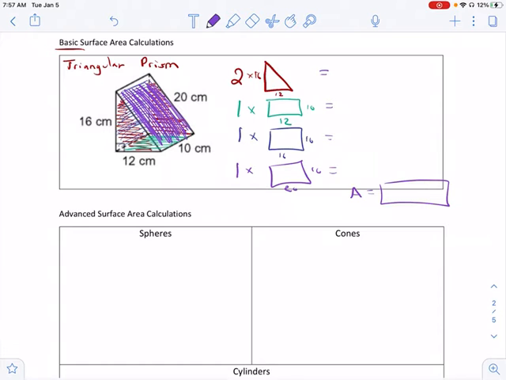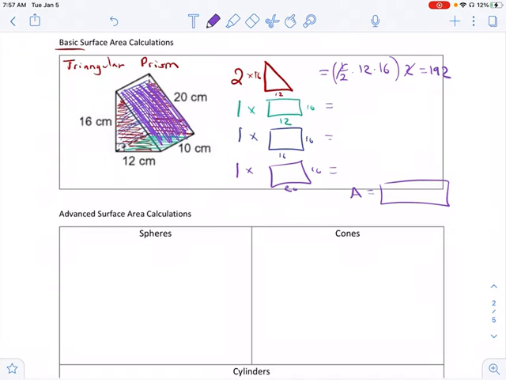So for my two triangles, they are 16 by 12. This would basically be 1/2 times 12 times 16. Because I have two of them, I could do this big 2 on the outside, or I could just cross those off. The combined area of those triangles is 192.